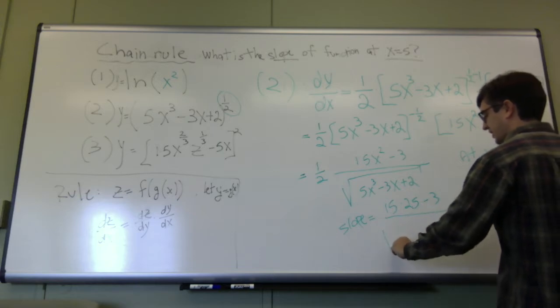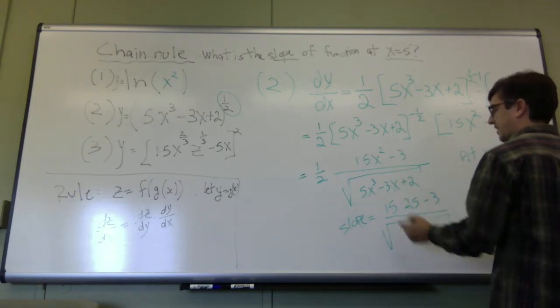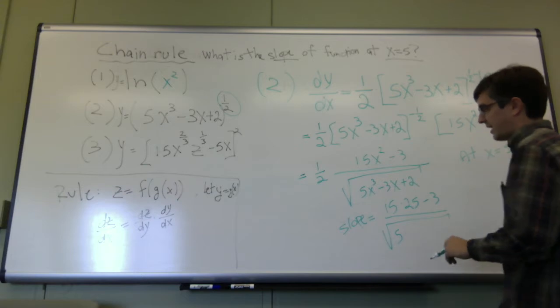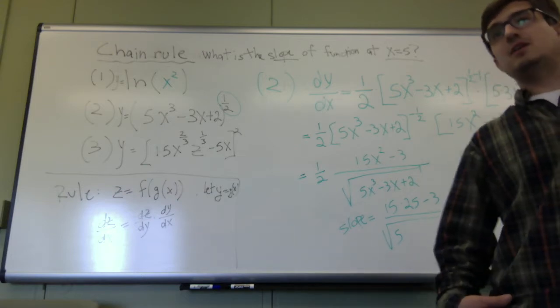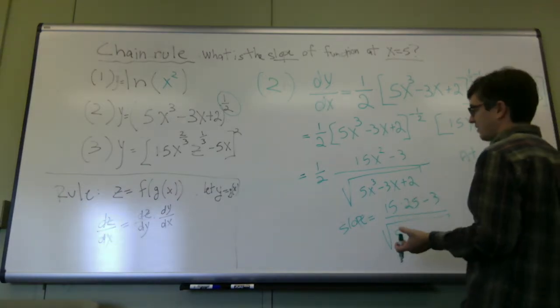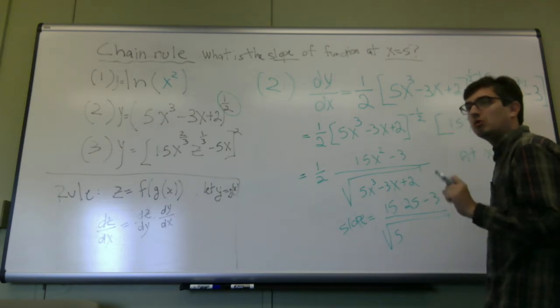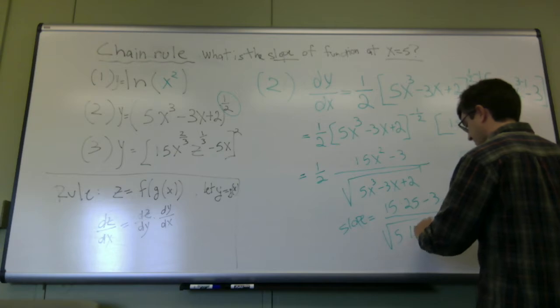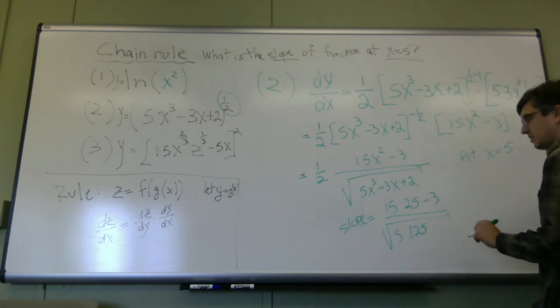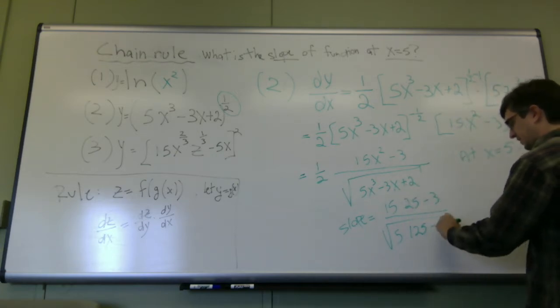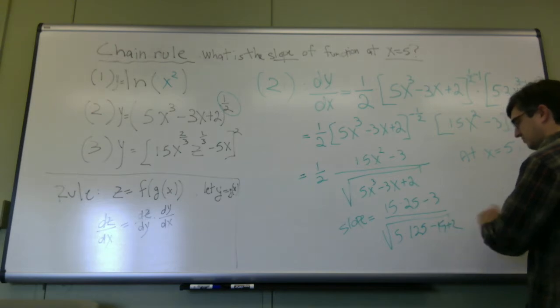And on the bottom we're going to have the square root of 5 times x to the power of 3, so that's 5 times 5, which is 25, times 5, that should be, I think it's 125, if I'm not mistaken, minus 15 plus 2.